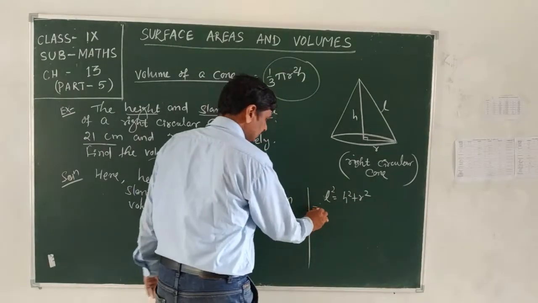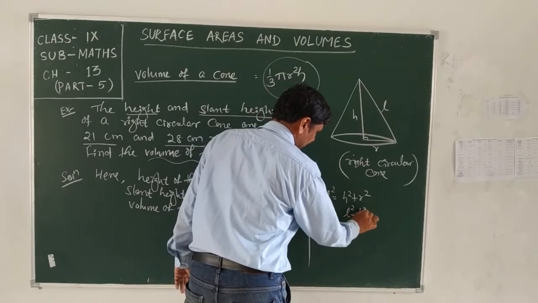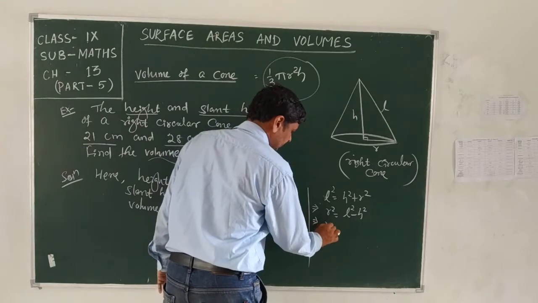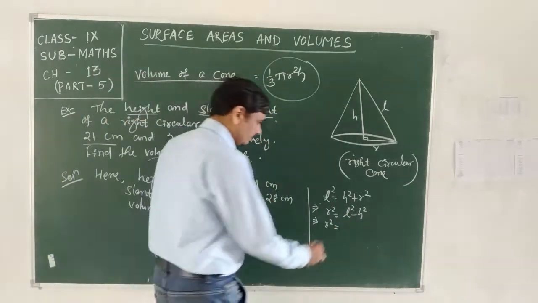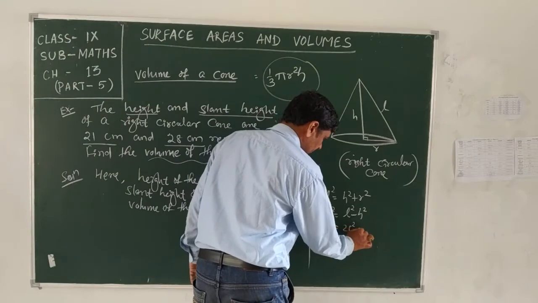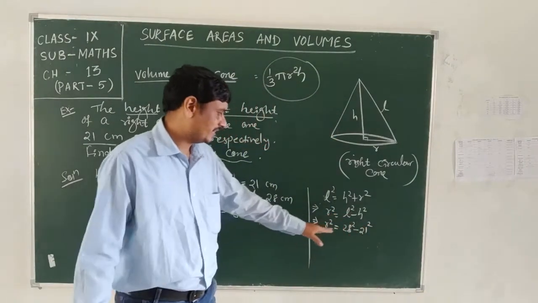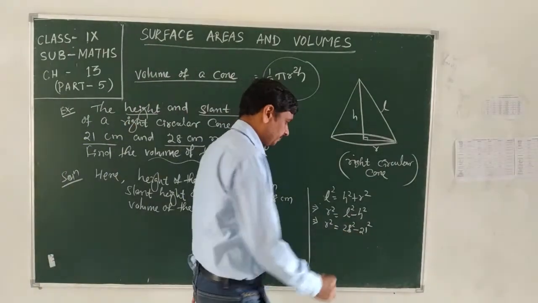This implies r square is L square minus h square. That is 28 square minus 21 square.